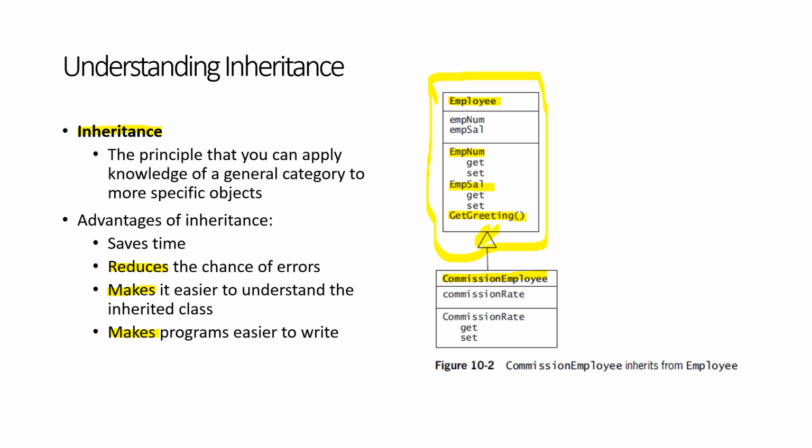So this over here, this arrow says this class, the commission employee, is a type of an employee. Okay, so if you were to have a second type of an employee, you're going to have that over here, and then for an example, you're going to call this one a full-time employee, and it's still going to inherit from this class.